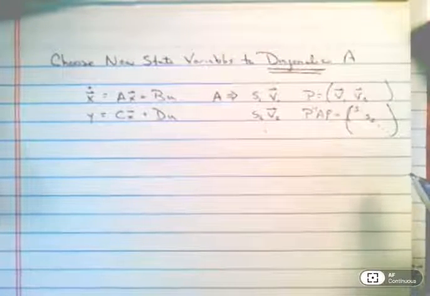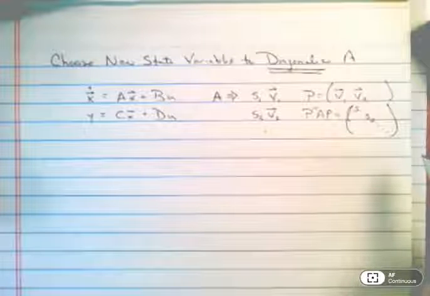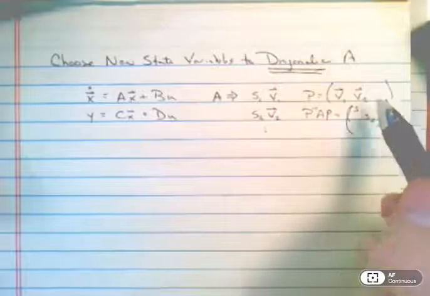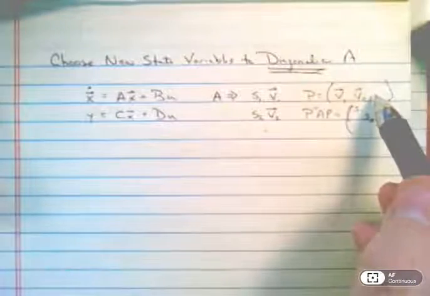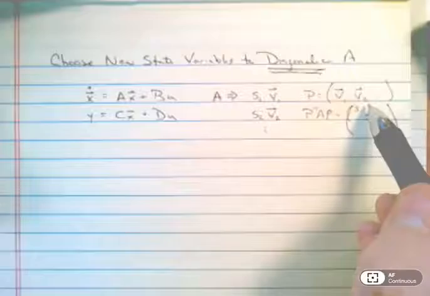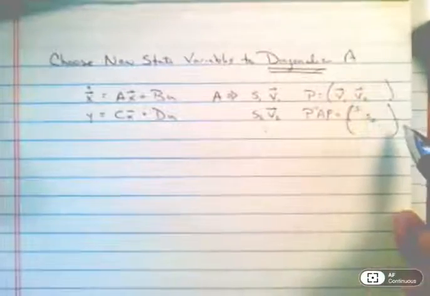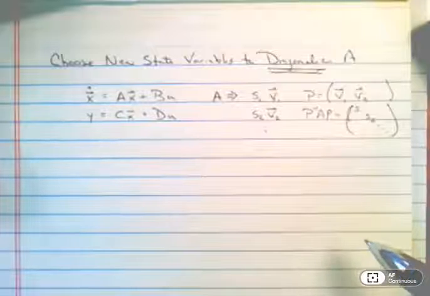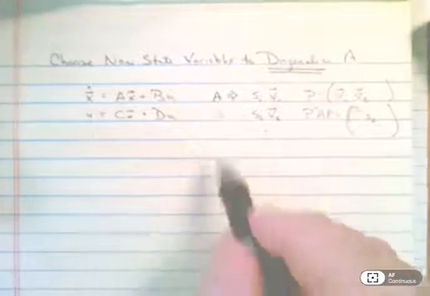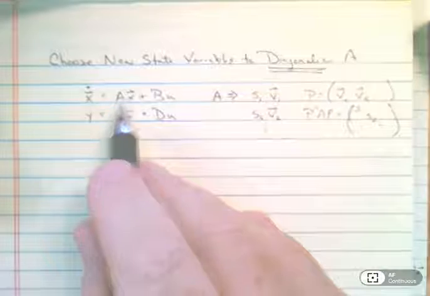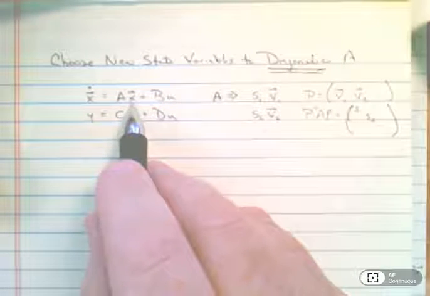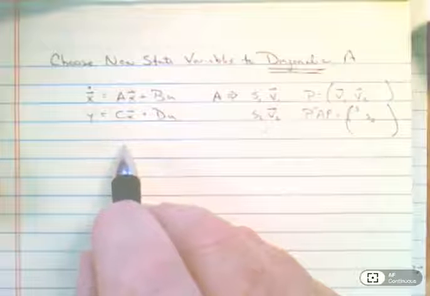Okay, so this means that I can figure out the magical set of state variables that diagonalize the matrix by coming up with the linear transform matrix P that is based on the eigenvectors of the original A matrix. Let me say that again. I'm going to take my original A matrix. The original ABCD was premised on the inputs and the outputs and some choice of state variables.